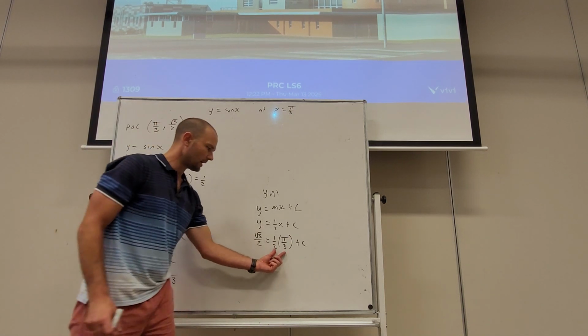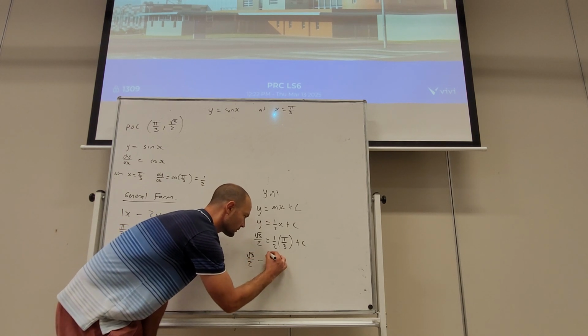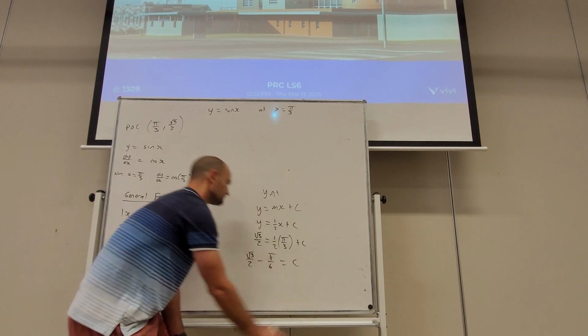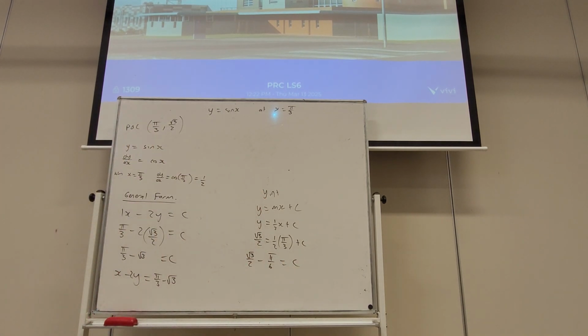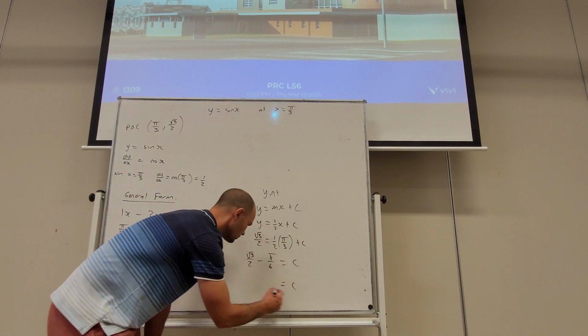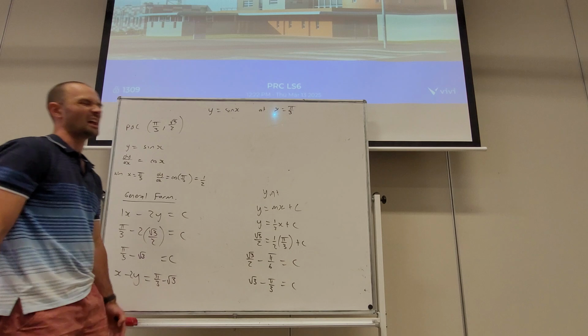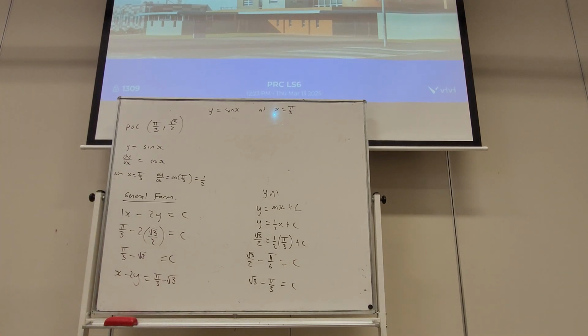Now I'm going to take away that term from both sides. So we'll have root 3 on 2, take pi on 6. And if we times both sides by 2, we'll have root 3 take pi on 3. We don't have to do that, but I'm just pointing out how they're the same value in this circumstance.